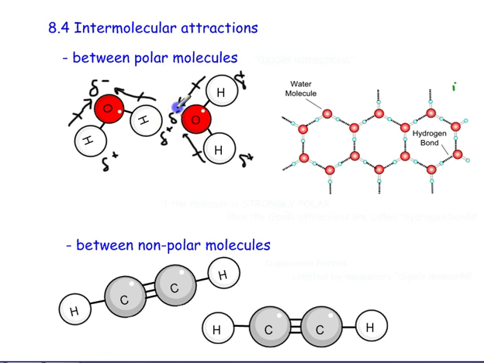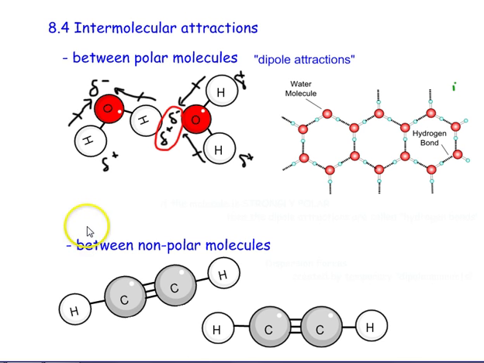And so what you can see here is that there will be an attractive force between these two water molecules, right? This is what is referred to as dipole attractions, where the partial charge on one molecule is attracted to the opposite partial charge on another molecule. So the water molecules themselves are the dipoles, and the attractions are between the molecules.